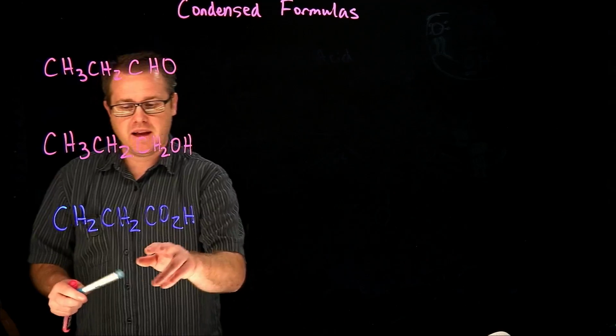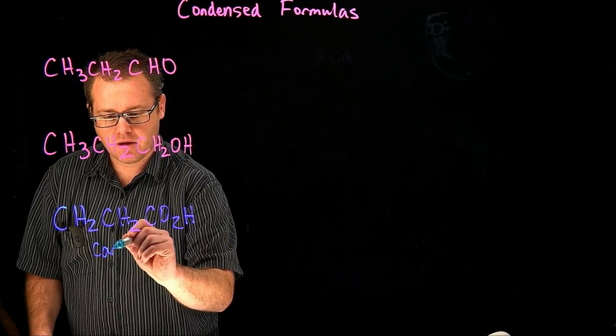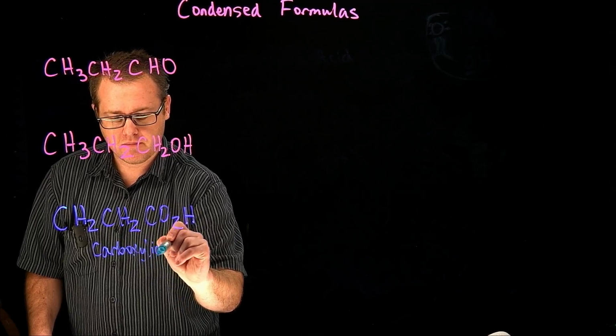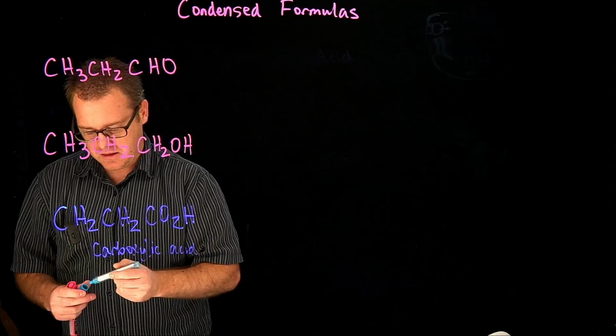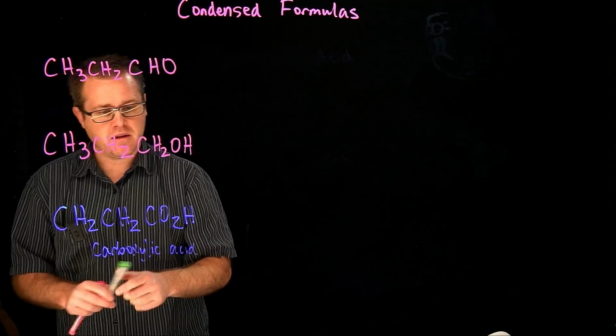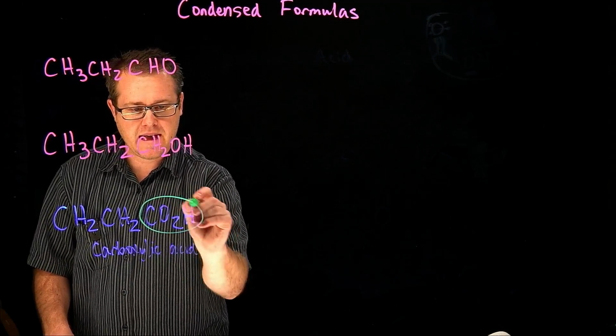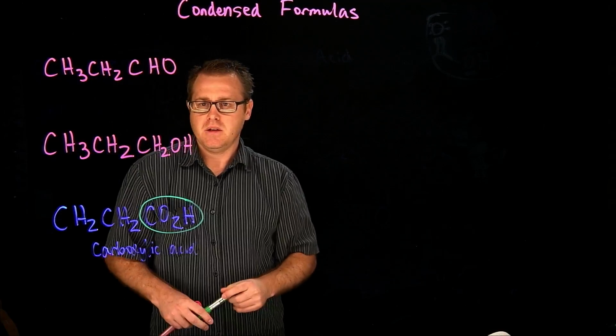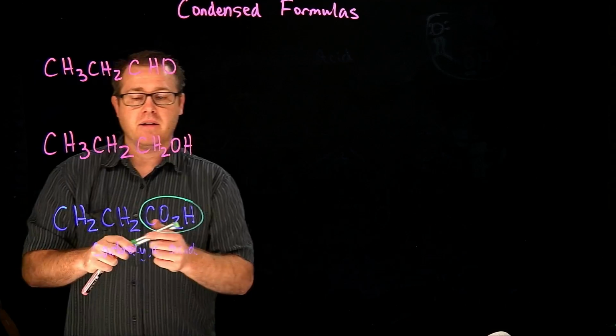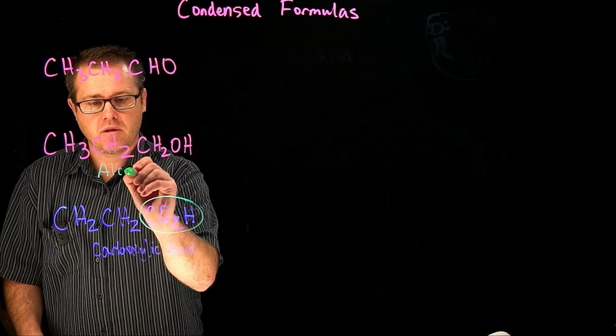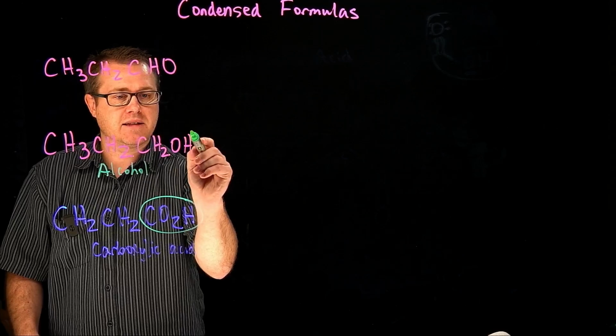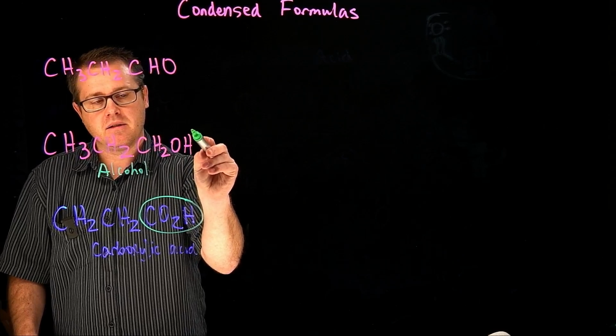Remember that this one right here is the carboxylic acid. And the marker's dying on me here. So that's the carboxylic acid part. When we take a look at this one right here, this is an alcohol. And that's the alcohol part right there.